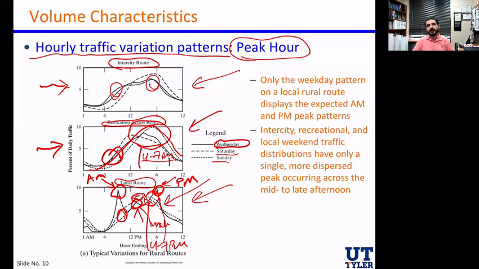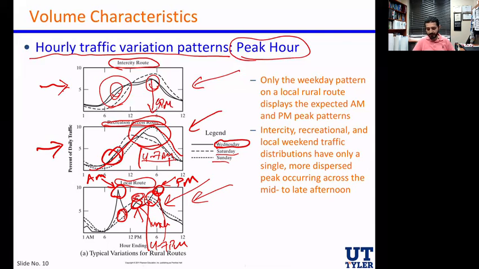Someone may drive 2 hours to reach their workplace, and therefore they're going to leave earlier than the ones who take just 30 minutes on that intercity route to get to work. That's why you don't see much of a peak in the AM time, but everyone would be using the same route around the same time, which is about 5 p.m. or so.